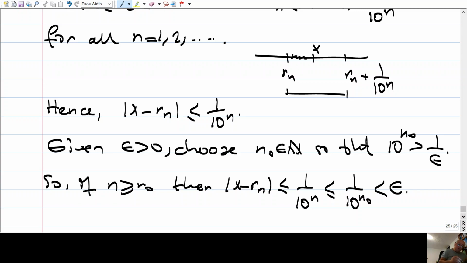Okay, so we are done. Given epsilon positive, we have some n0, and if n greater than n0, then this thing is less than epsilon.